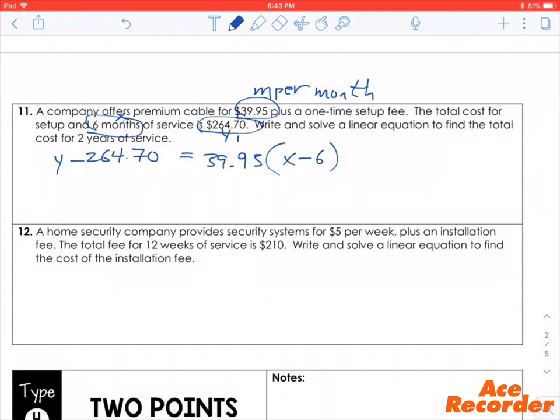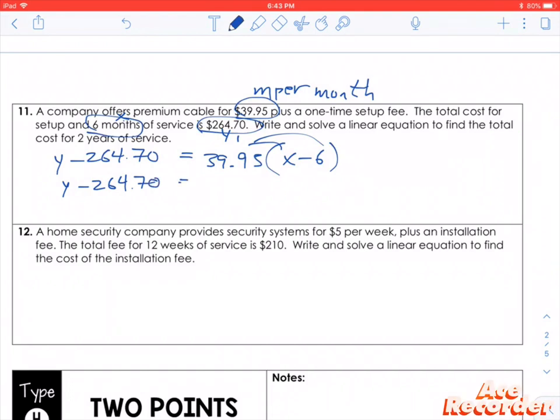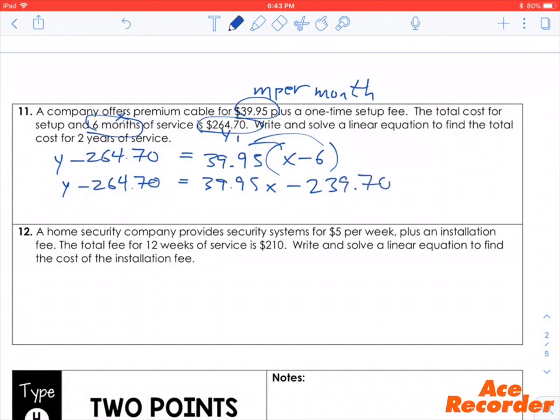Okay. And so now we go ahead and distribute and do everything we've been doing. And we get 39.95x minus 39.95 times 6, which is 239.70.